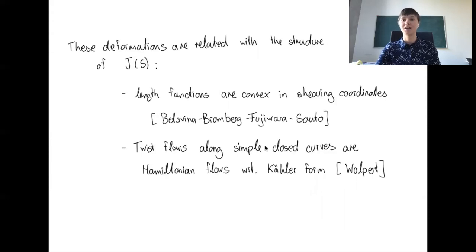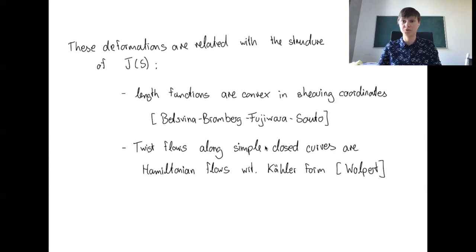So now I hope that I could give you a short impression of why cataclysms are interesting and that they reveal something about the structure of Teichmüller space. And if one is now interested in higher Teichmüller spaces or in Anosov representations, one can ask, well, might these cataclysms be a good tool as well in the setting of Anosov representations?